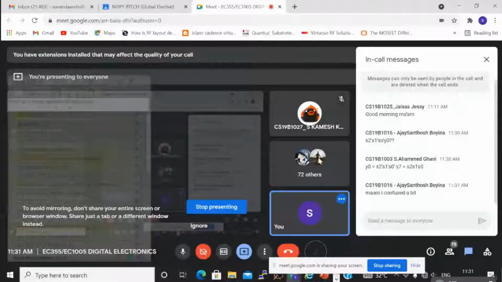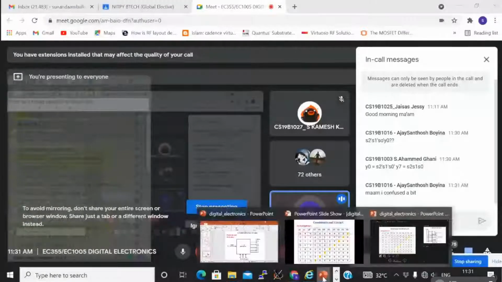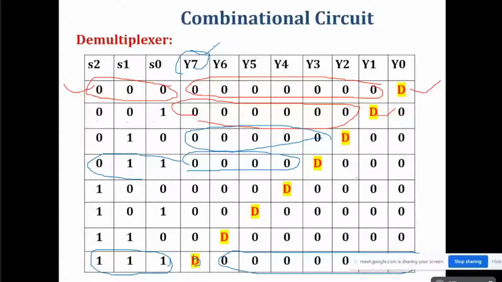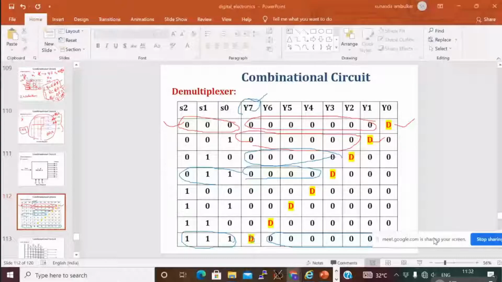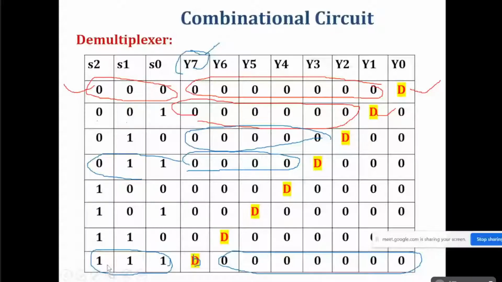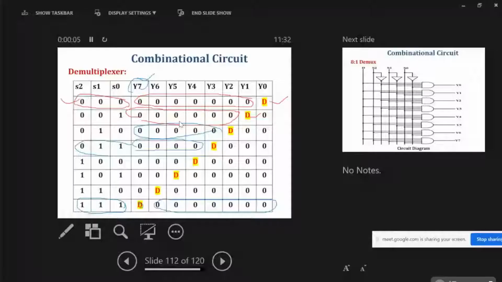Okay, so the thing is that, see, what we are trying to do here: Y0 to Y7 are just the names of the output lines.